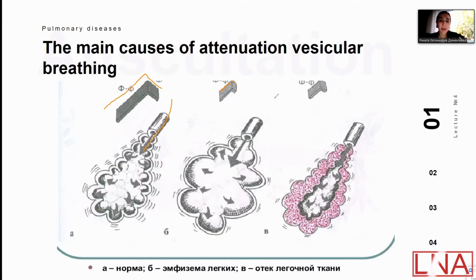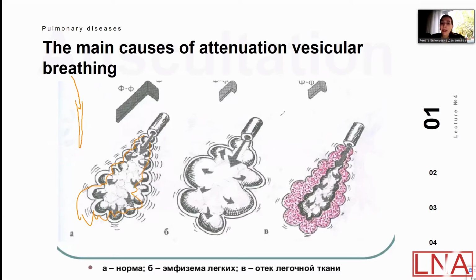Imagine that before the phase of inspiration, normally, the walls of the alveolus are together. Then air enters, the wall expands, and these movements give us normal vesicular breathing.